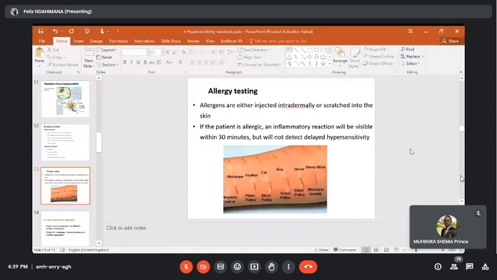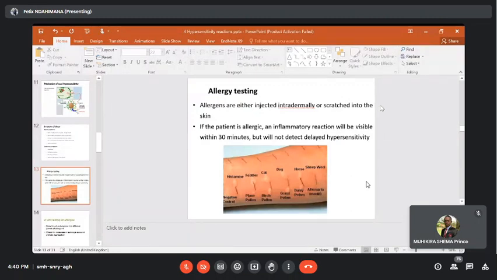So allergens are either injected intradermally or scratched into the skin. And then if the patient is allergic, an inflammatory reaction will be visible within 30 minutes, but it will not detect delayed hypersensitivity. In this case, if a patient has an allergy to a certain allergen, of course, that patient should have been exposed to that allergen at least one time.